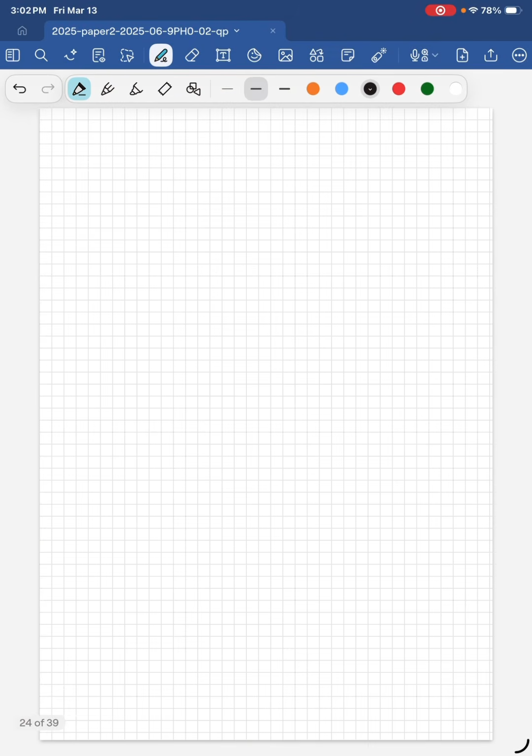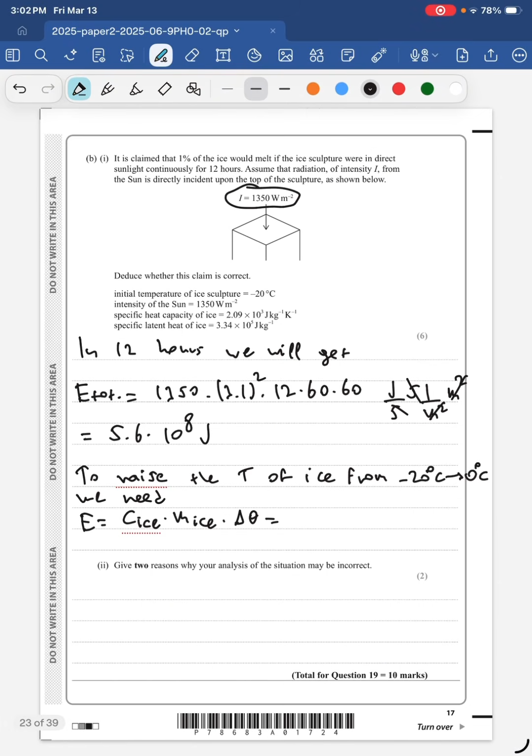So I'm going to move to a new page. So that's 2.09 times 10 to the 3 times 2.21 times 10 to the 5 times the temperature change, which is 20 Kelvin. So this energy, just to raise the temperature, is 9.24 times 10 to the 9 joules, okay?